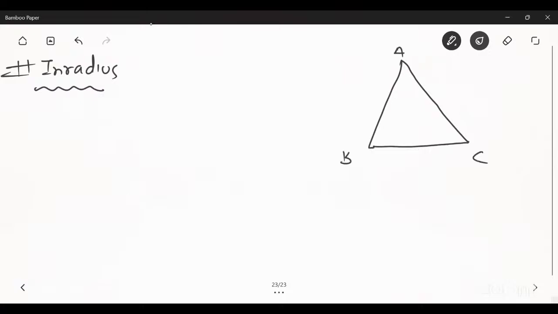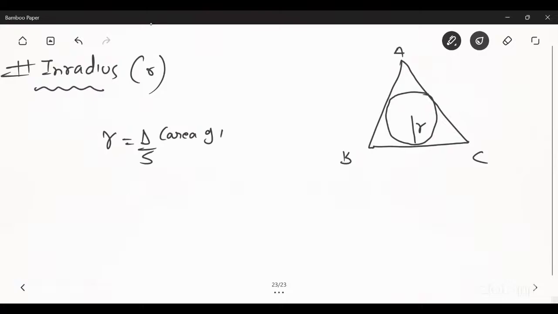If a circle is touching all the sides of a triangle, then the radius of that circle is known as the inradius. It is denoted by r. The value of r is delta upon s, that means area of triangle upon semi-perimeter.